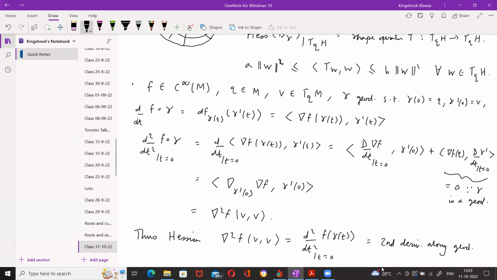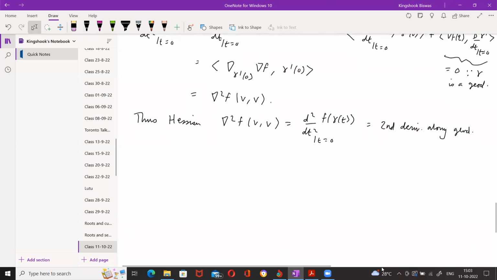Yes. Now look at the Hessian of the distance function. What does it mean then? Now consider P and Q in M, Q not equal to P, W in T_Q S, where S is the sphere S_P(R), with R equal to the distance PQ.